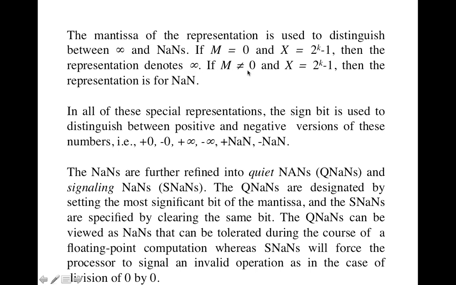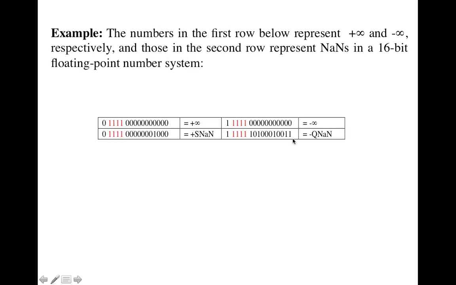If the mantissa is not 0, but the exponent is still the maximum you can set it to, then it will actually be what's called a NaN. And depending upon if it's a signaling or a quiet NaN, you either put a 1 or a 0 in the most significant bit pattern here. So here's a number which is a signaling NaN, and here's a number which is a quiet NaN, which has a leading bit of 1.